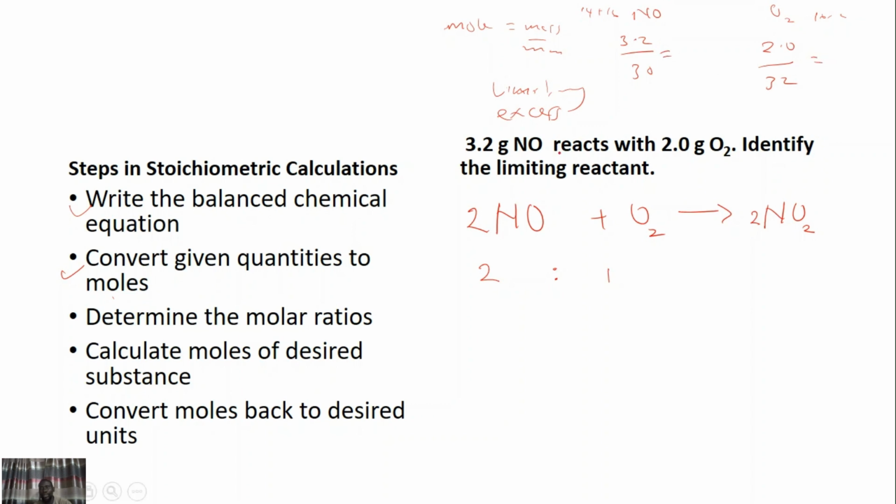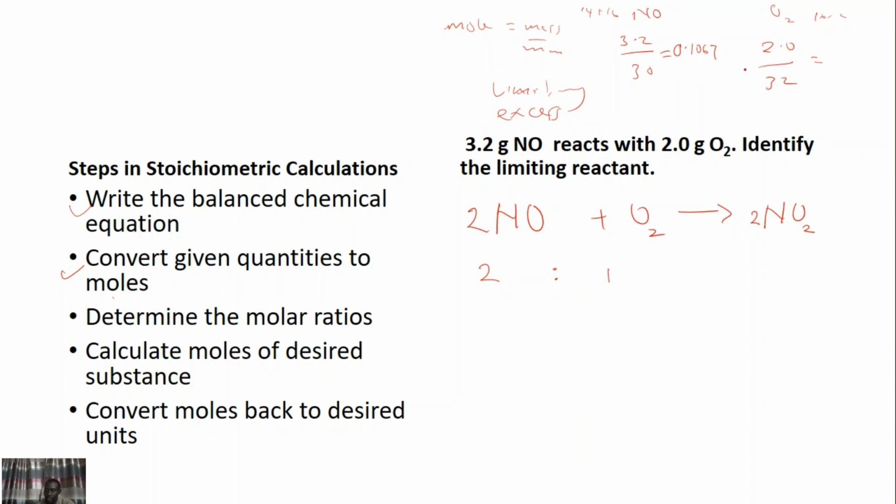Let's use our calculator. That is 3.2 divided by 30, which is equals to, on my calculator here, 0.1067, okay?